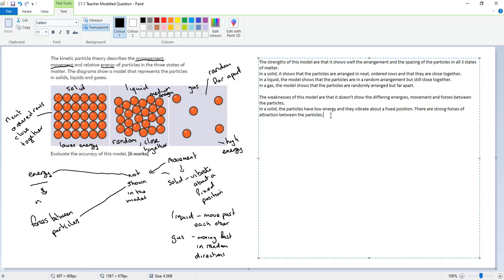So when they go to a liquid and they get more energy, that energy overcomes the force of attraction to a certain degree. So in a liquid, I missed this space out there. So in a liquid, particles have a medium amount of energy and can flow past each other.